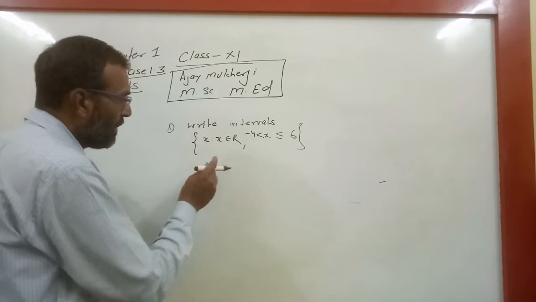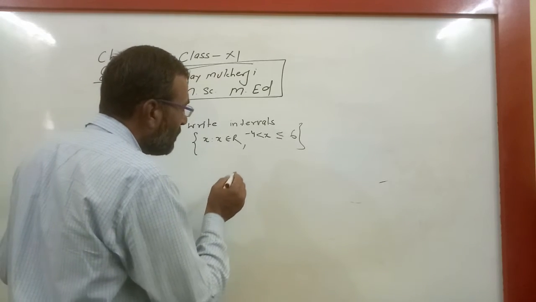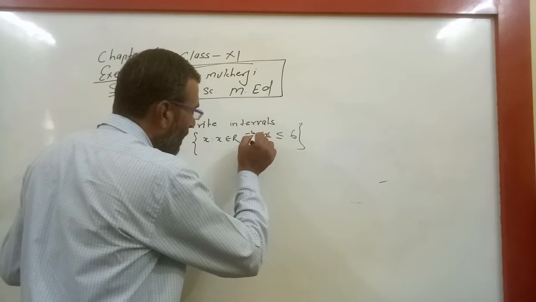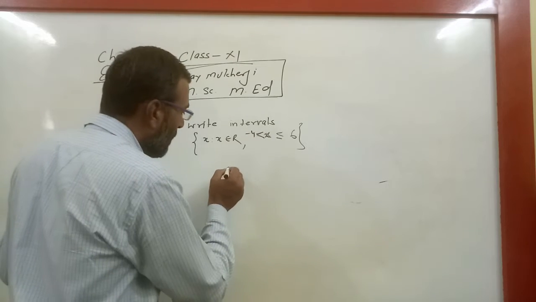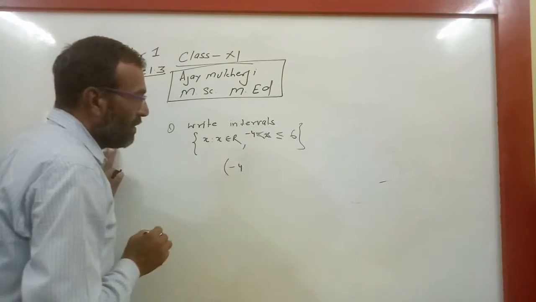इस इंटरवल को short में represent करने के लिए already I have told you, बता दिया, फिर भी मैं आपको represent करता हूँ. ये x is greater than का sign लगा हुआ है, एक ही sign लगा हुआ है तो -4 लिखेंगे. Greater than का sign है तो small bracket आता है.